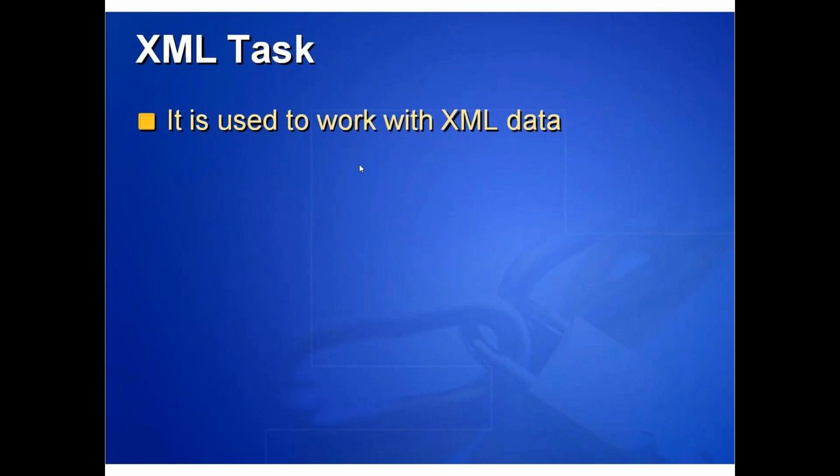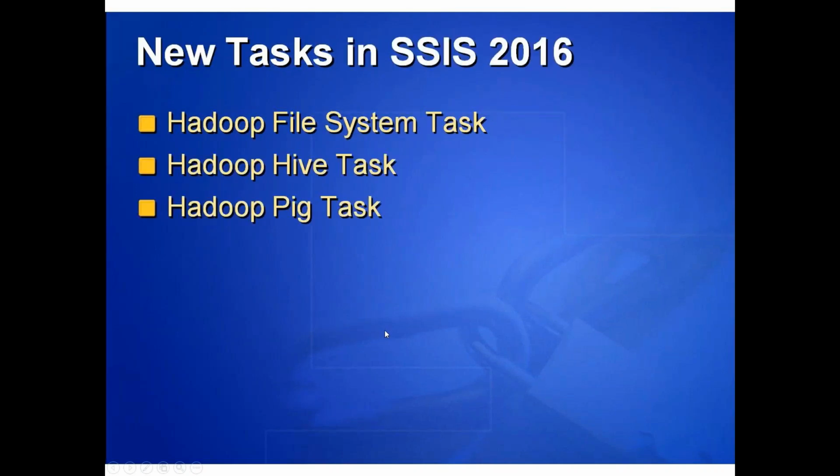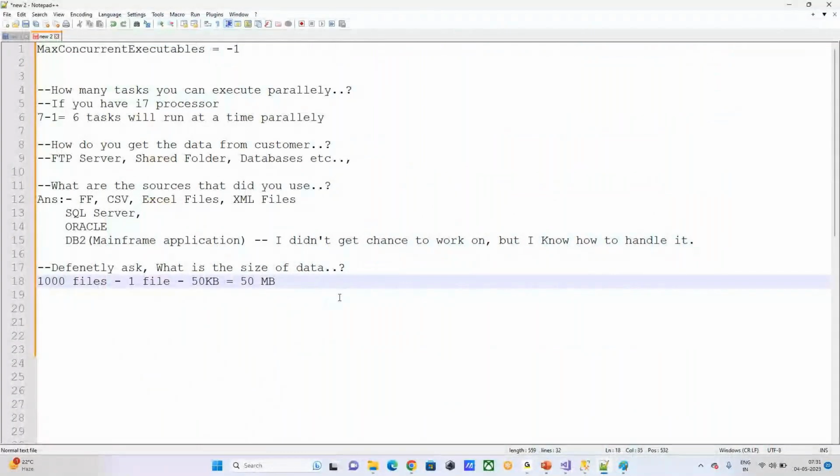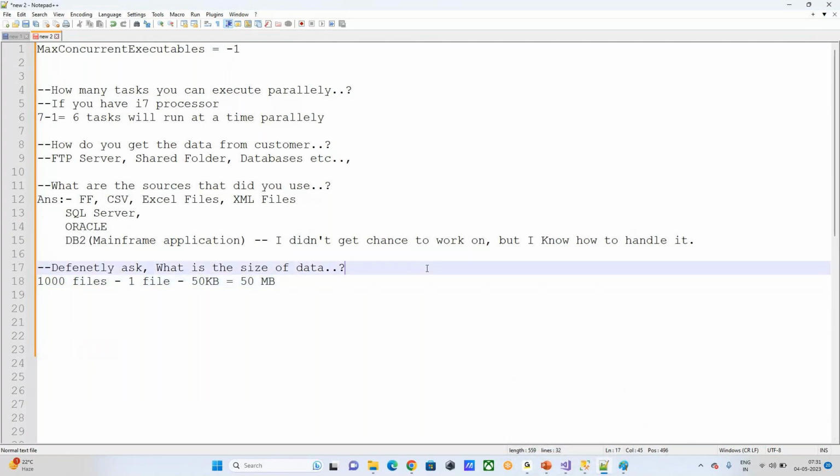So we'll do demos on each and every task from tomorrow. We'll do one demo on each and every task, and we'll create one big package depending upon the requirement. That we'll do tomorrow, we'll start tomorrow. Clear, guys? If you have any questions, let me know, guys.